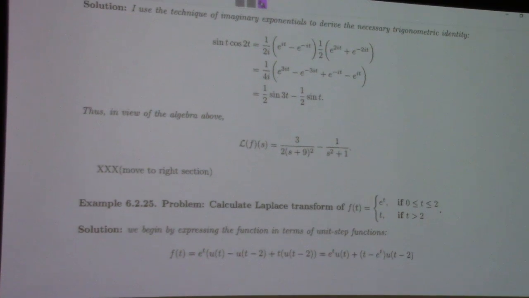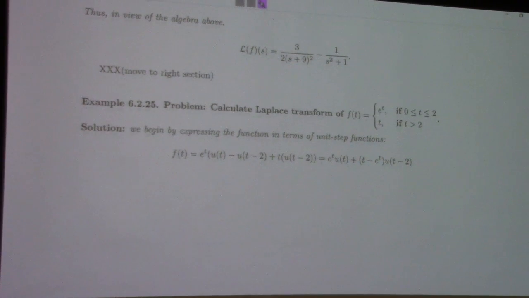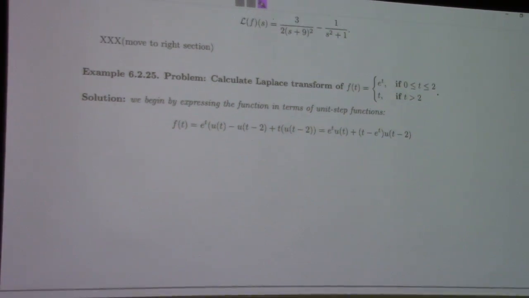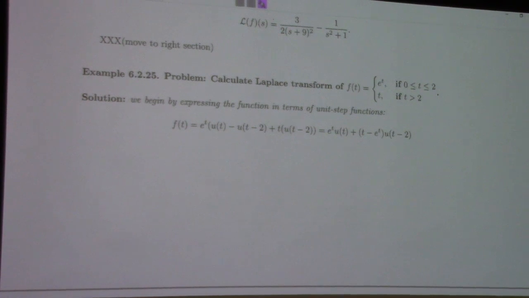Well, I do give partial credit. I'm afraid to look at the details of these examples now. This is e to the t for t between 0 and 2, and 0 for t greater than 2, right? So in terms of unit step functions, we turn it on at time 0, turn it off at time 2.